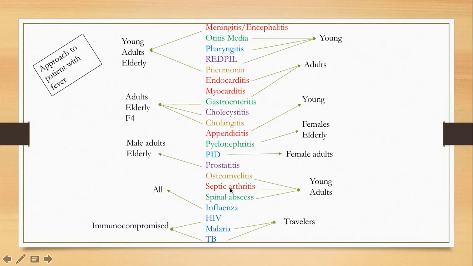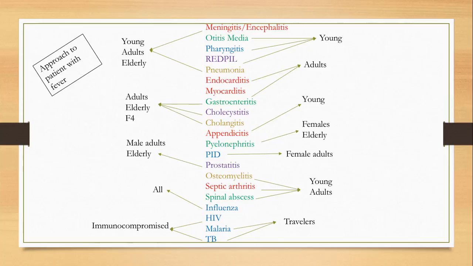Osteomyelitis, spinal abscess, and septic arthritis patients are usually adult patients. Septic arthritis patients can be very young as well, so children can come in with one joint infection. And then influenza can affect anybody in the world, so anybody can get flu, so keep that in mind. But of course this will be more in the flu season.